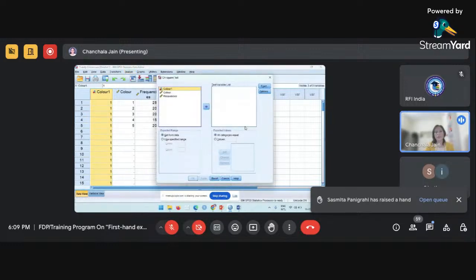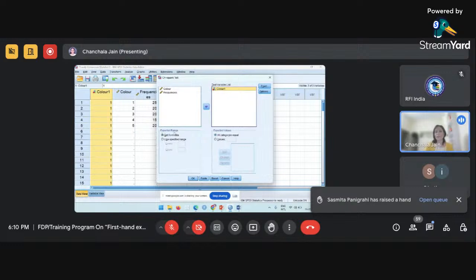Once you click on the chi-square, you would be able to see a dialog box for the chi-square test, right? Now you can find all the variables listed at the left hand side. We are interested in the first variable with the name color1. So you need to only shift this color1 into the test variable list like this. Apart from that, in the lower section at the left hand side, expected range is written, right?